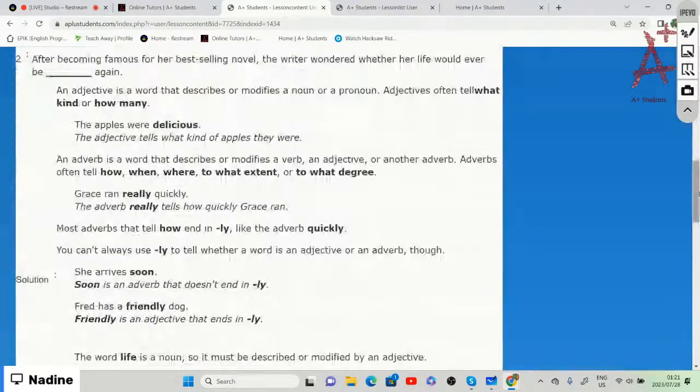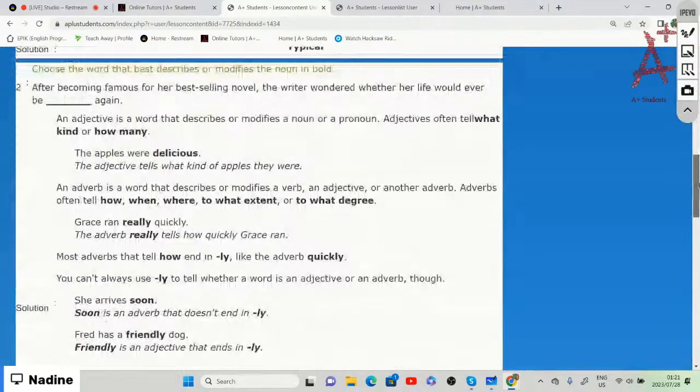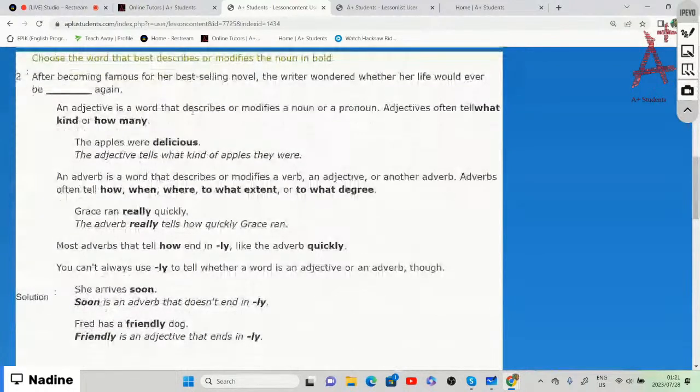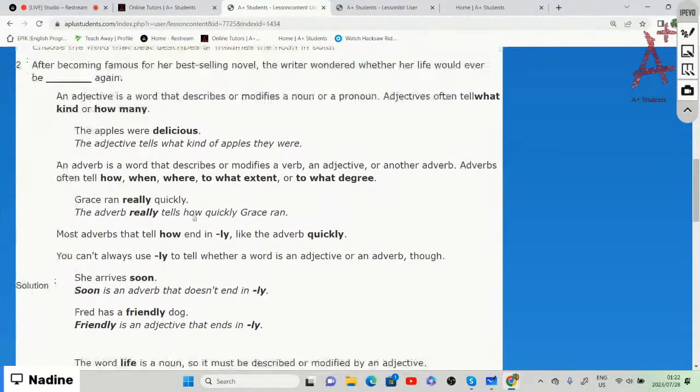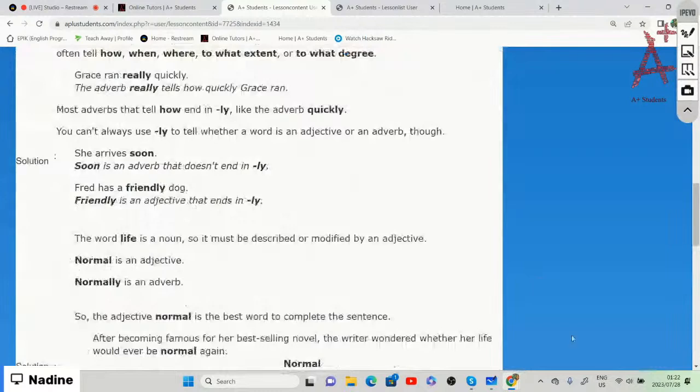Choose the word that best describes or modifies the noun in bold. So, after becoming famous for her best selling novel, the writer wondered whether her life would ever be again. So we need to choose between normal and normally, because normal is an adjective and normally is an adverb.